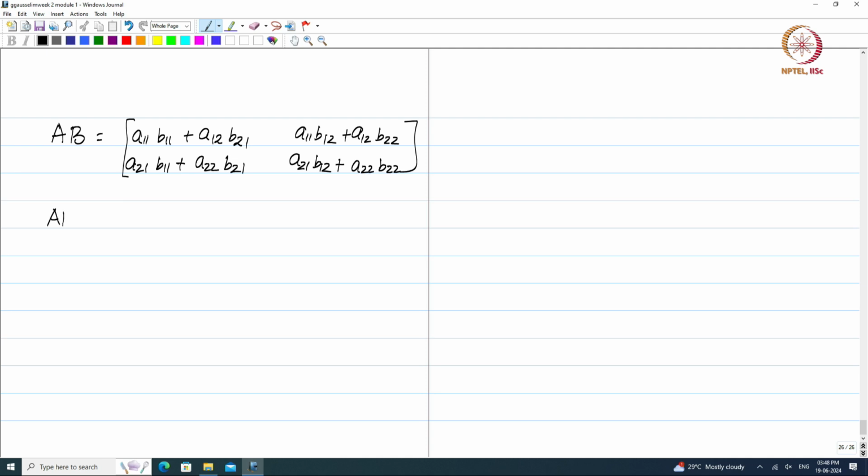We equate this to the identity matrix 2 by 2, then the following equations happen. A11 B12 will be equal to minus A12 B22, and A21 B11 is equal to minus A22 B21.